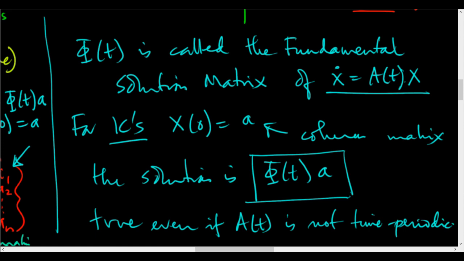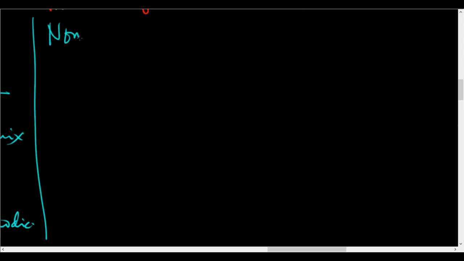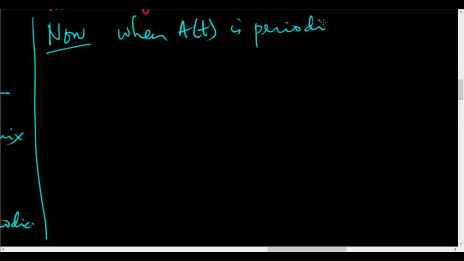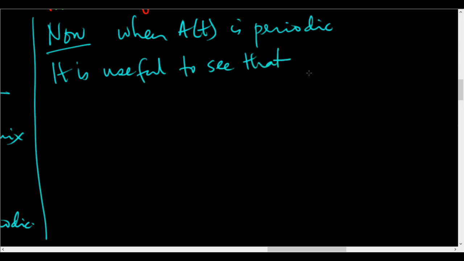Okay, but now when A is in fact periodic, then it is useful to see that at what?